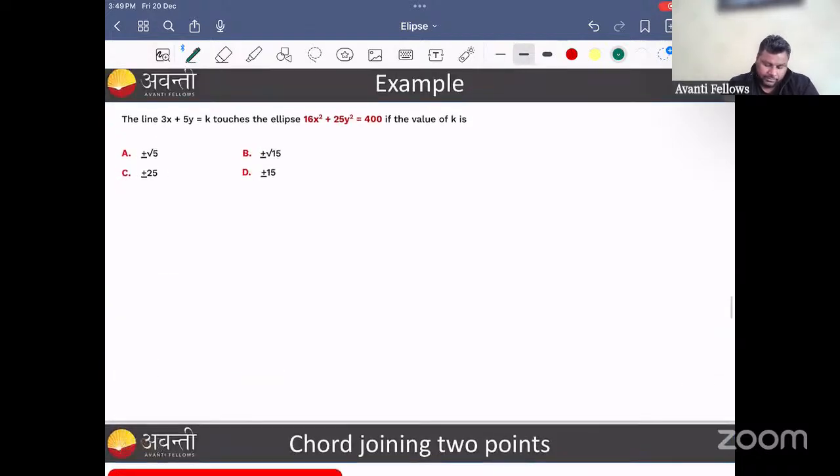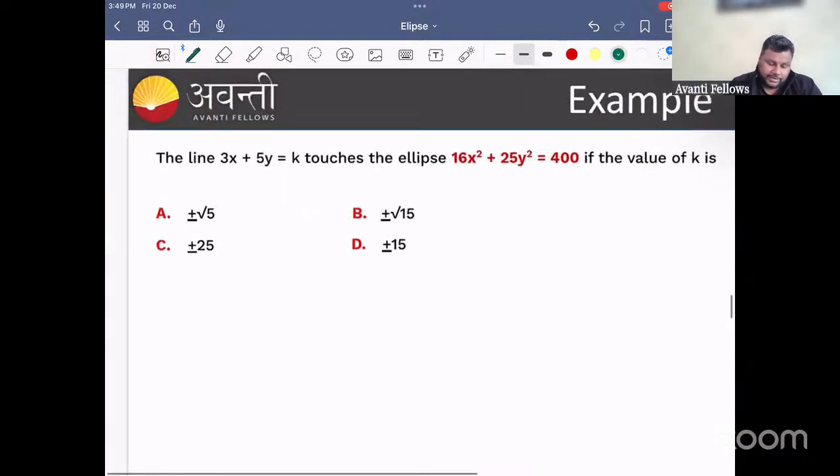Now, have a look at this question. If this line touches the ellipse 16x square plus 25y square equals to 400, then find the value of k. Give it a try. Options are there in front of you. I'll run a poll for you guys.